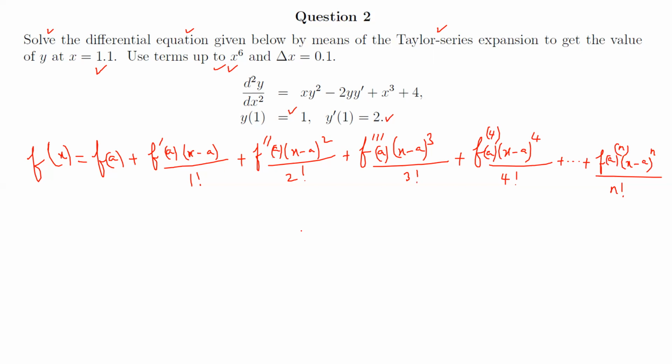So first things first, we need to note that to answer the question, to find the Taylor series of the function at x equal to 1.1, we need to first evaluate the derivatives.